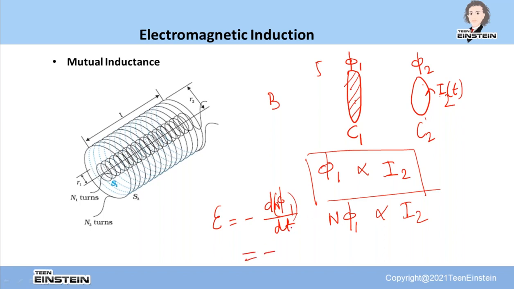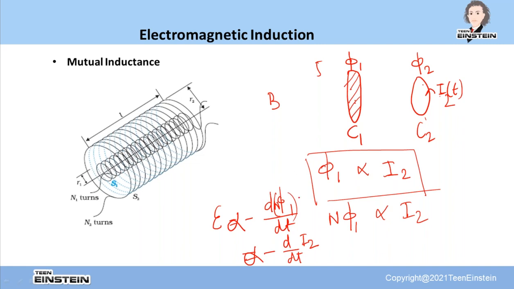Again, n phi is directly proportional to I2, so I can write this with I2. I should write proportional here.